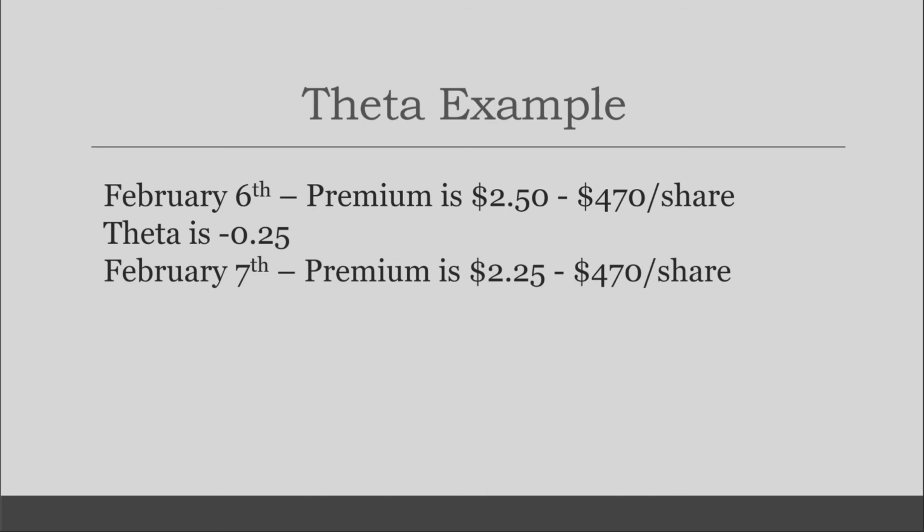On the following day, or on February 7th, your premium would automatically drop to $2.25 or $225, even if the share price did not change. That is because the theta decay was $25 per day on February 6th.